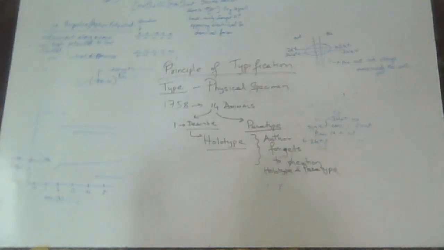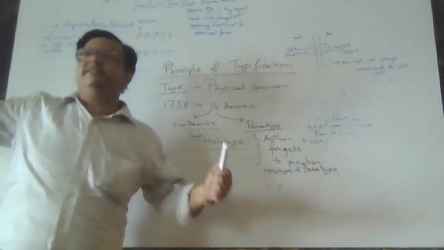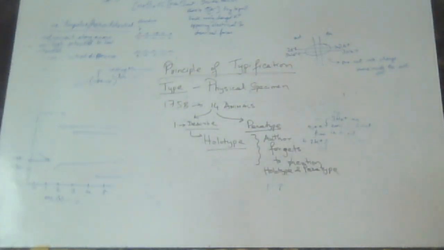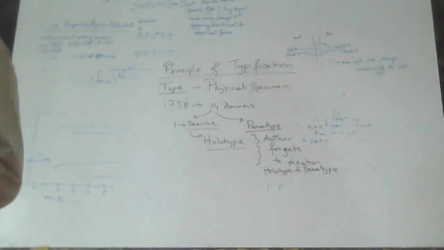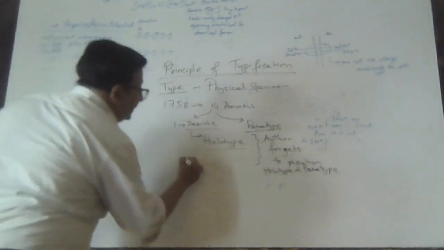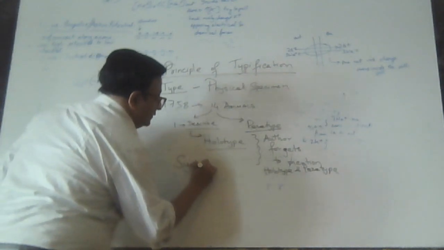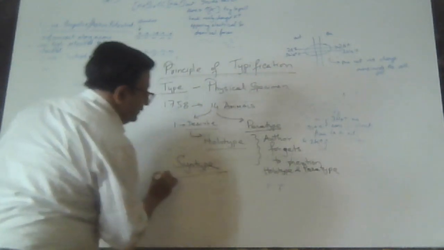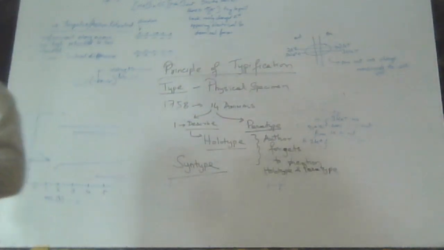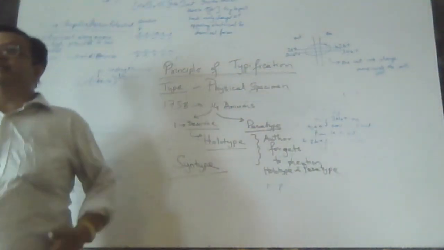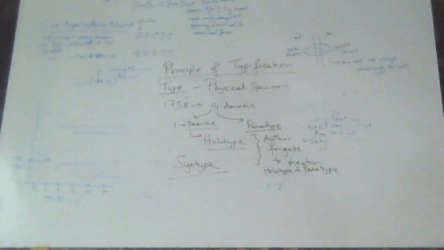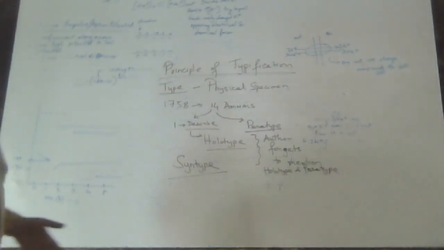Now what happens? He has described 14 specimens, so all the specimens are known as syntypes. In the original publication, 200 years back, you cannot take the author and hold him there and ask why he did not mention holotype and paratype. You cannot do it.